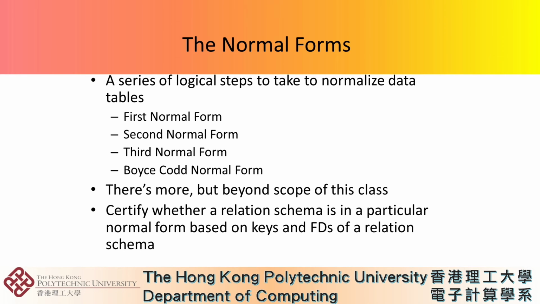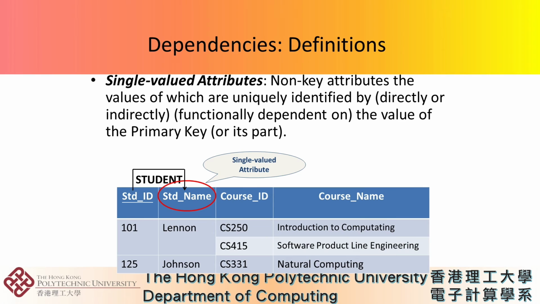We can certify whether a relation schema is in a particular normal form based on keys and functional dependencies of a relation schema. I will then talk about some terms relating to functional dependencies and normal forms. You will see these terms in future classes frequently.